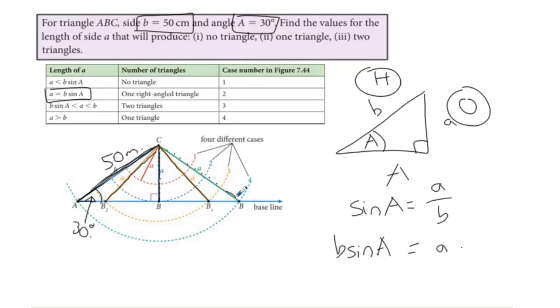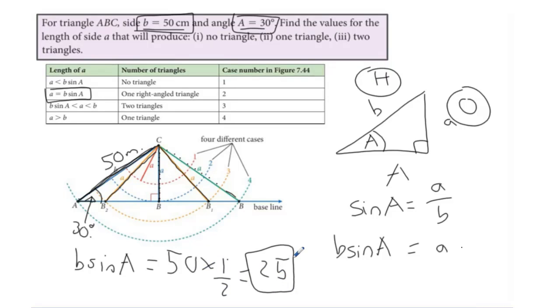So we need to work out B sine A. We are told B is 50 and A is 30, so B sine A equals 50 times a half, which is 25.